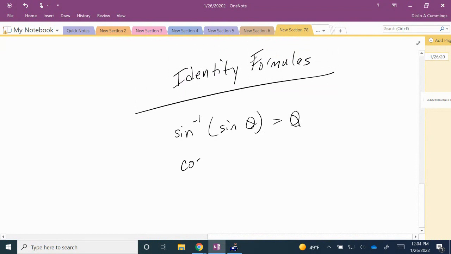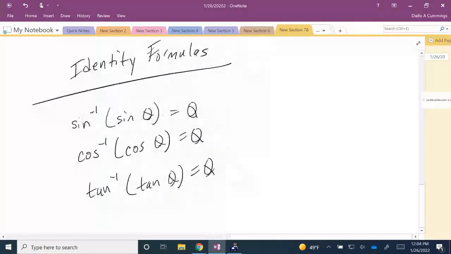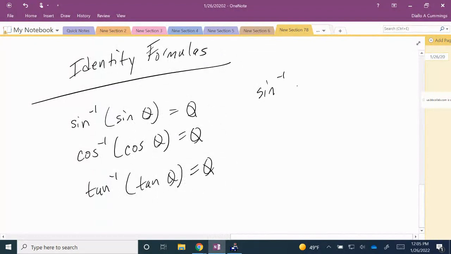The second identity says that the arc cosine of the cosine of theta is theta. And the last identity formula says that the arc tangent of the tangent of theta is equal to theta. Now, you may hear me say this a couple of ways.